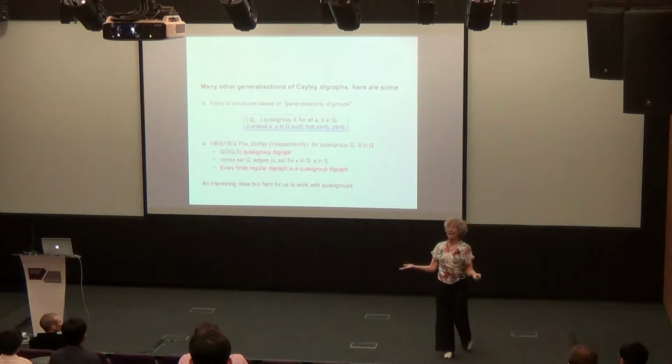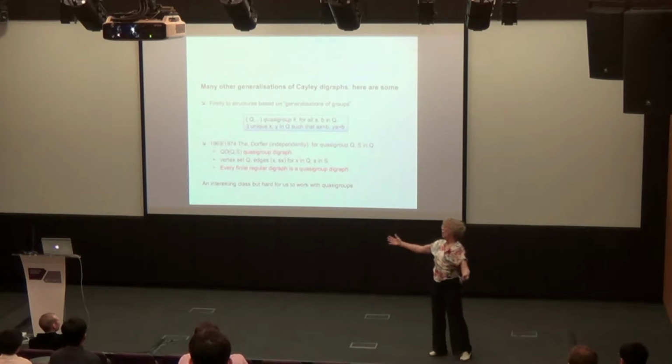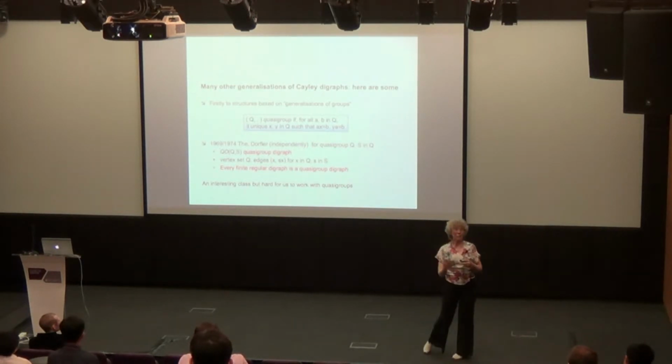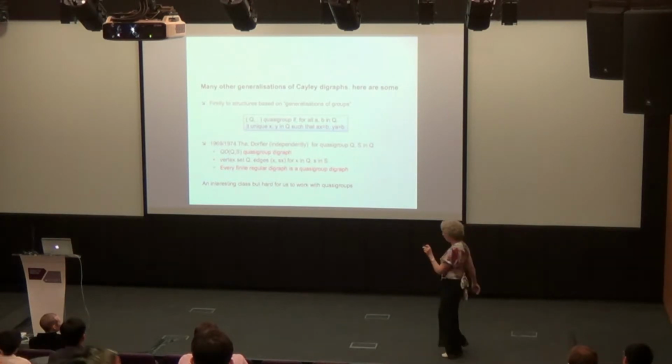So you might say, well, that's the answer, isn't it? You've got all possible regular digraphs arising as quasi-group digraphs. But we don't know very much about quasi-groups. We can't work with them very well, so we wanted to explore this question a bit more.